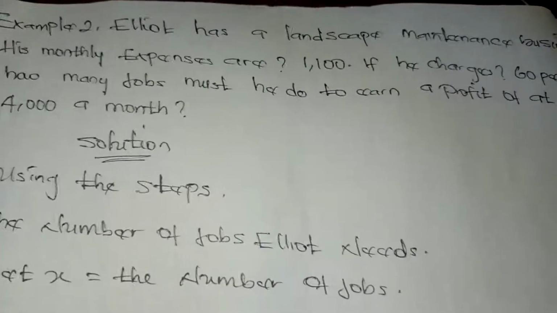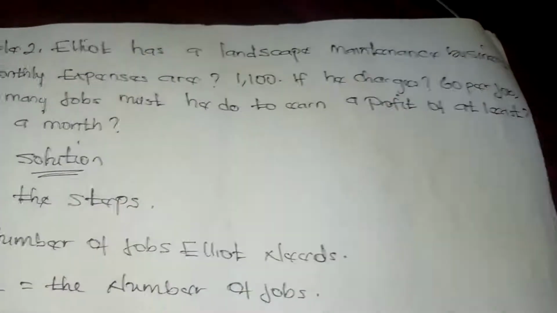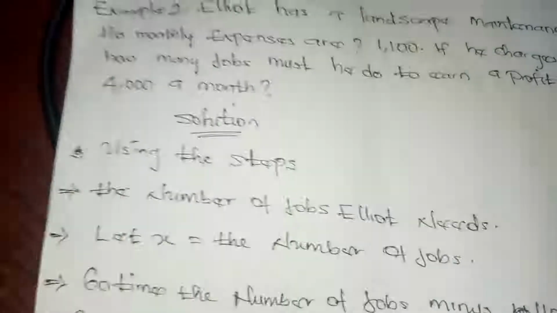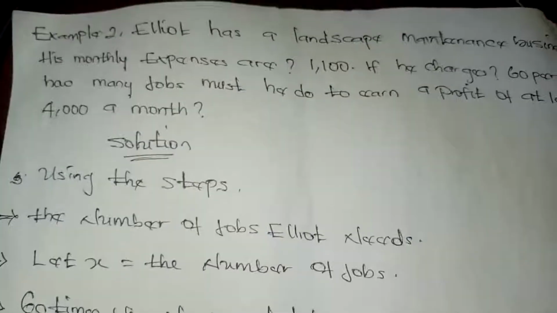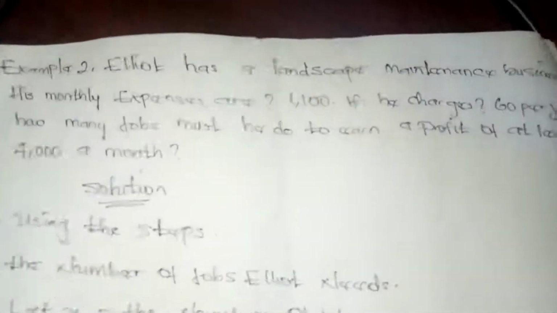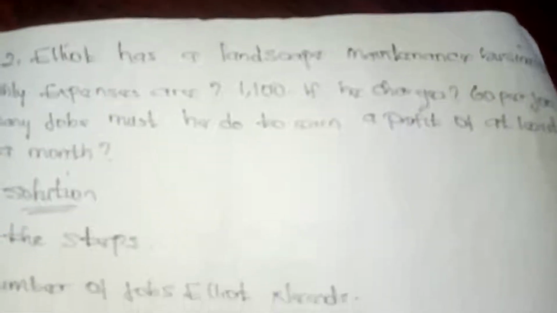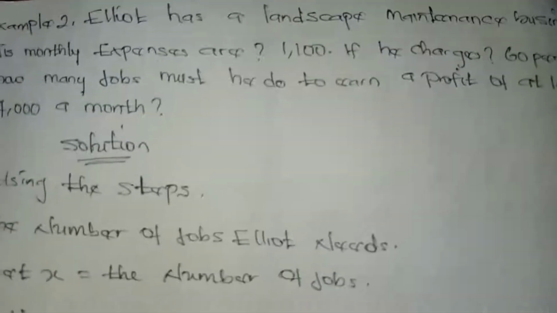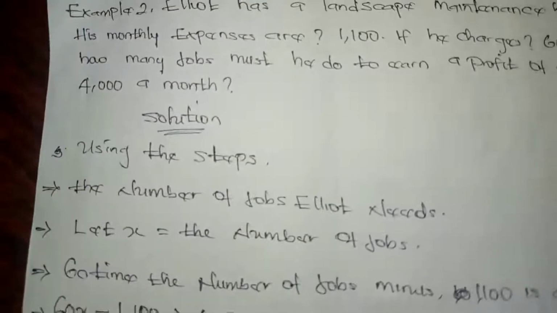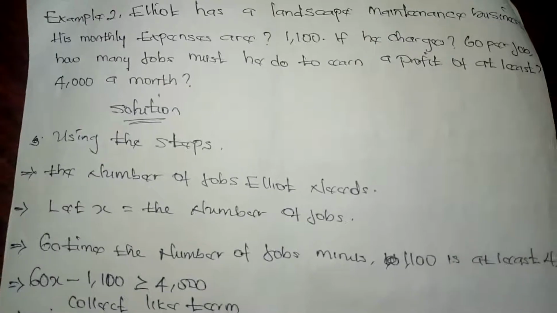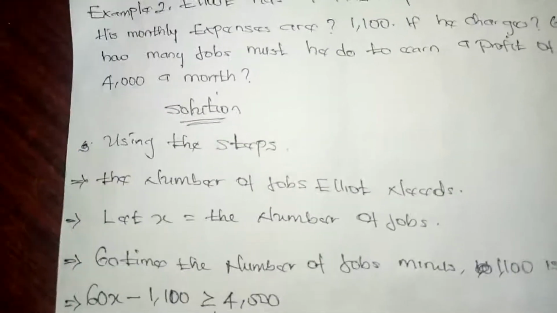Elliot has a landscape maintenance business. His monthly expenses are $1,100. If he charges $60 per job, how many jobs must he do to earn a profit of at least $4,000 a month?